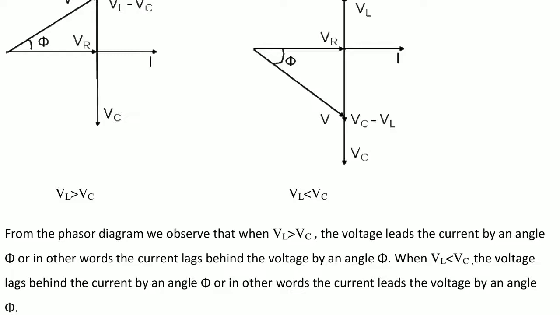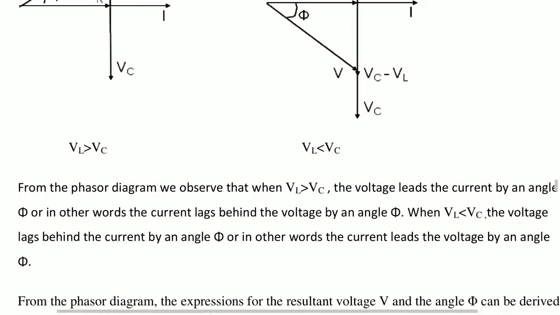The voltage leads means it is inductive in nature, or otherwise the current is lagging. Why is it not written that the current is lagging? Because the current is taken as reference. So it is written this way: the voltage leads the current by an angle pi, or in other words, the current lags behind the voltage by an angle pi.